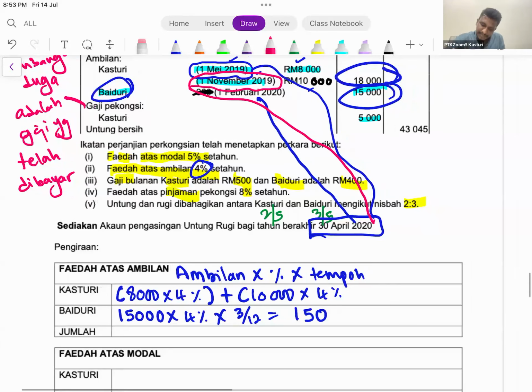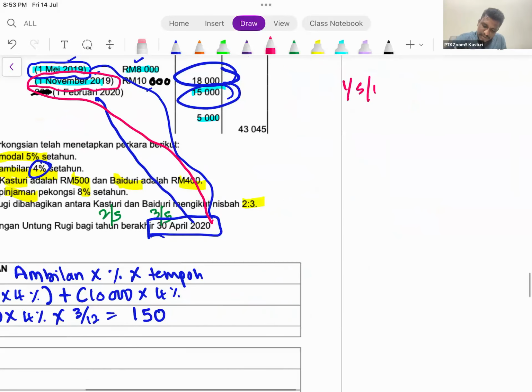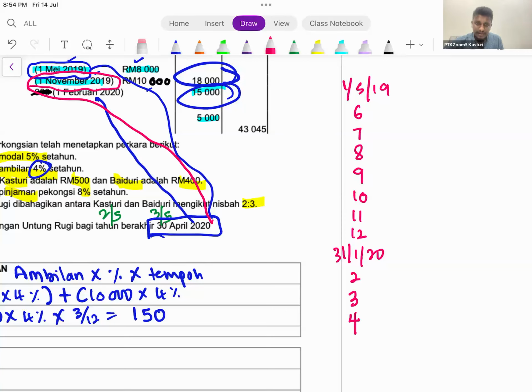Let me check. 1st May 2019. May, June, July, August, September, October, November, December, January, February, March, April. 1, 2, 3, 4, 5, 6, 7, 8, 9, 10, 11, 12. 12 months.